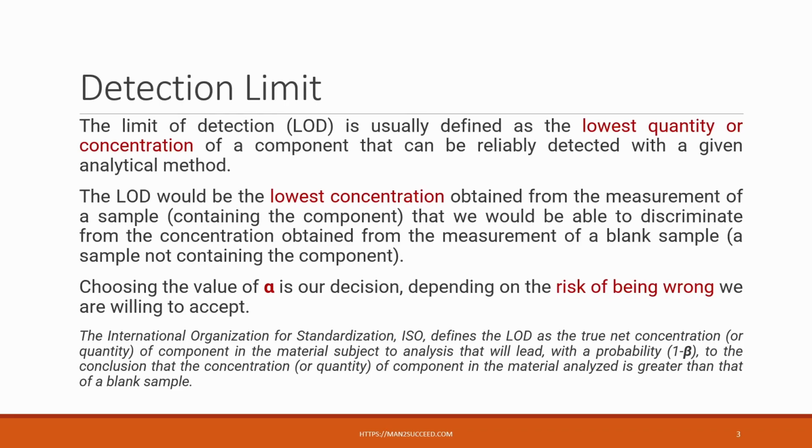Even the ISO, the International Organization for Standardization, has defined this: the limit of detection is the true net concentration of the component in the material subject to analysis that will lead, with probability 1 minus beta, that is the power of the test, to the conclusion that the concentration of the component in the material analyzed is greater than that of a blank sample.